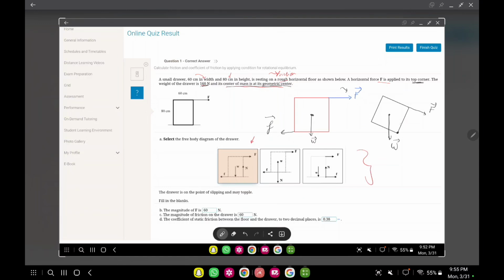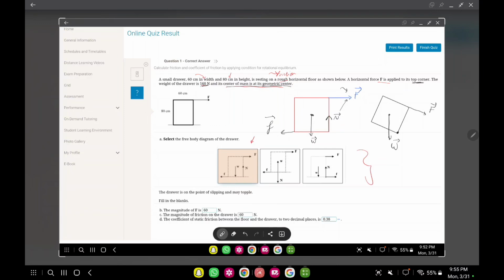So when you apply this force F, it's going to be tilted, and the only point of contact will be here. So where will the normal reaction occur? Since you're applying this F, the normal reaction will be over here. Is this true for any box? No. Why is it true here?